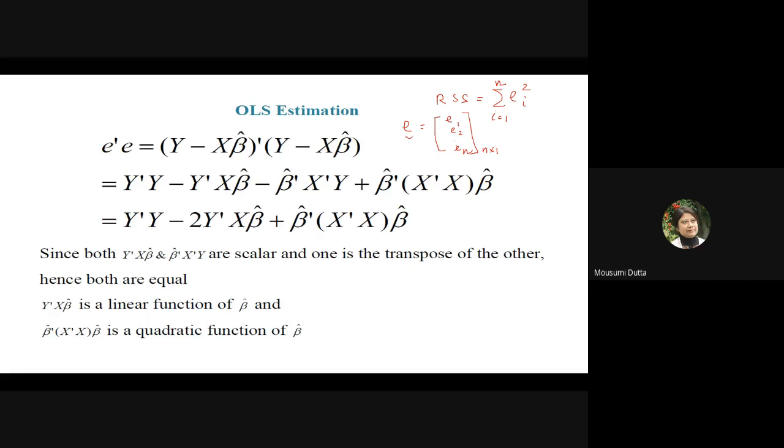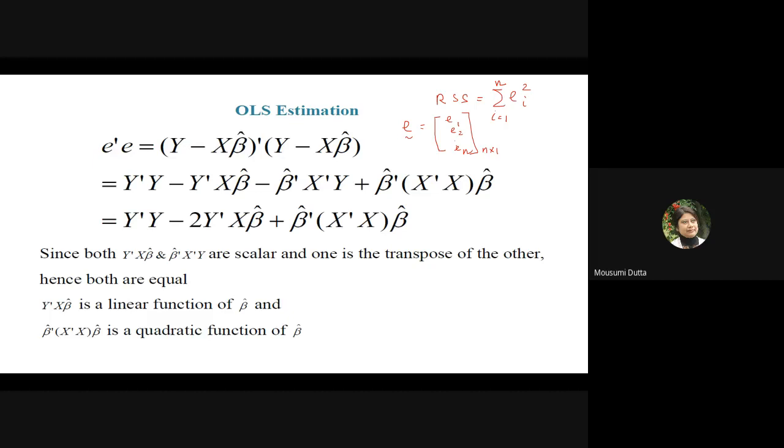We cannot realize it, whereas e is observable. u is based on unknown parameter beta, therefore not observable, whereas residual e is based on beta hat. Beta hat are all estimated values, and for that matter, the residual is observable. So we did all these things in case of two variable analysis, so we need to clarify those concepts from the earlier courses. So e1, e2 to en, this is the structure of e_i or e.